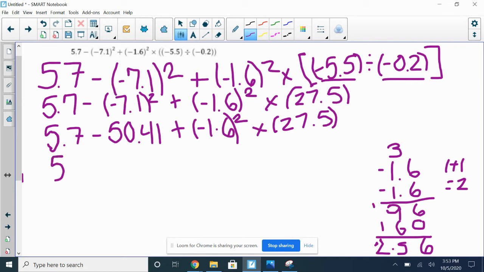So we're going to bring that down, 5.7 minus 50.41 plus 2.56, and then times 27.5.